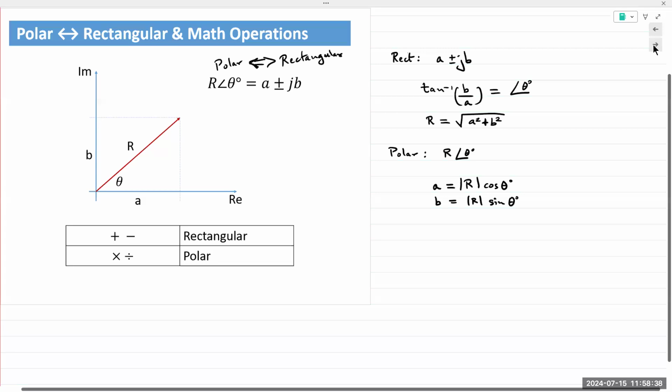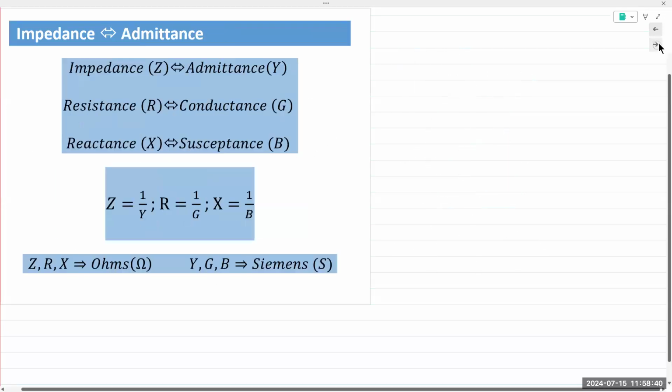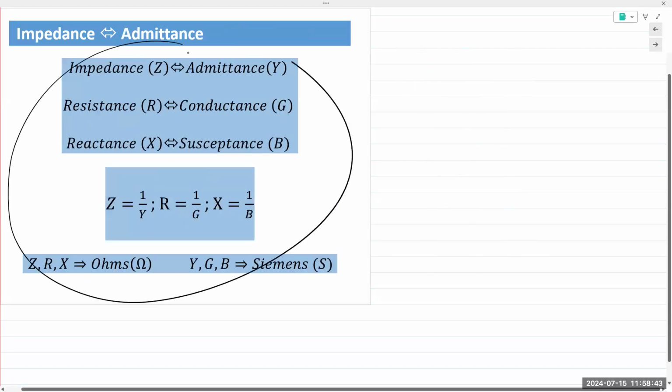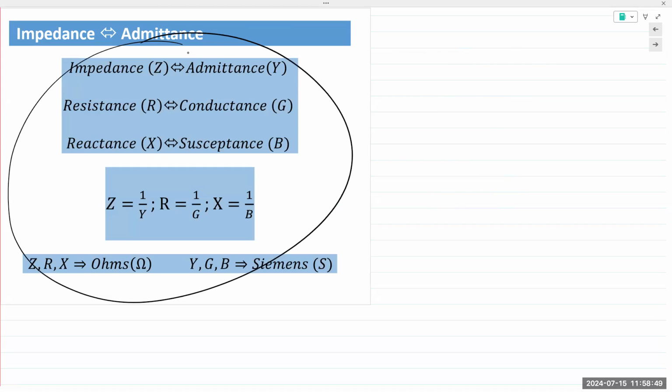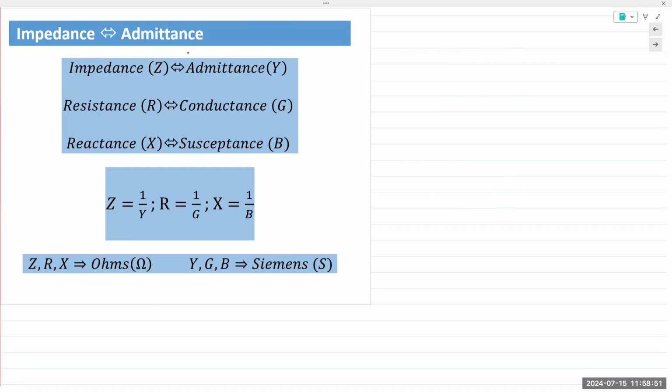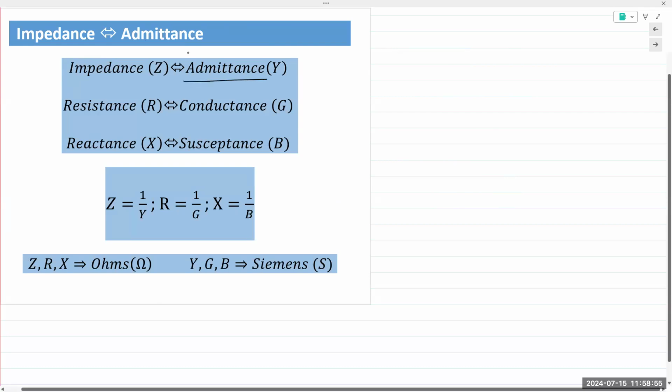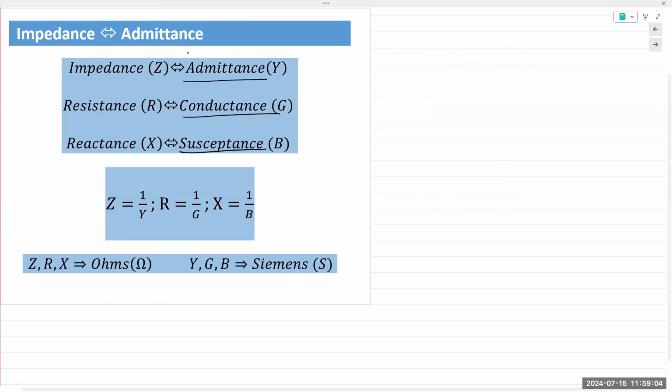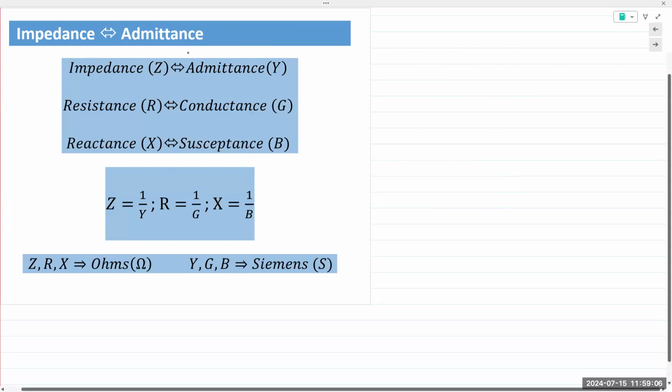One final slide. Again, this is just for informational purposes, is the reciprocals. Sometimes it is more advantageous to work with reciprocals, especially when you're working with parallel circuits. And so I just wanted to point out the reciprocal for impedance is admittance. For resistance, it's conductance. For reactance, it's susceptance. Noted Y, G, B, they're all reciprocals.